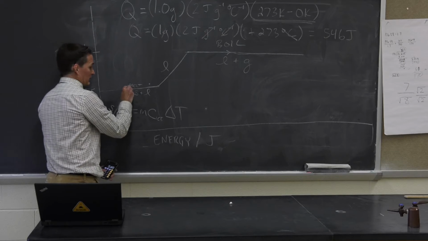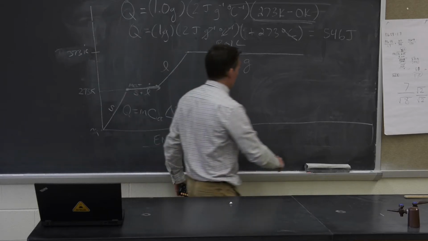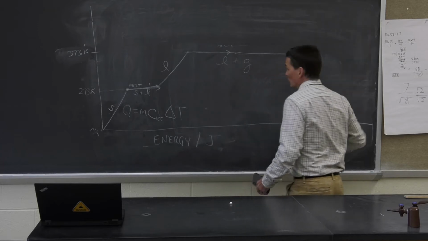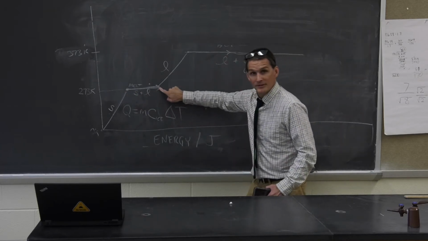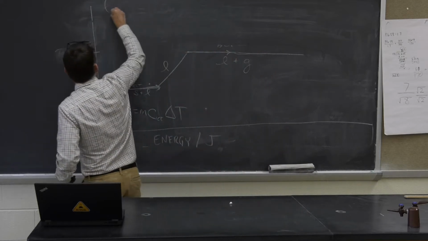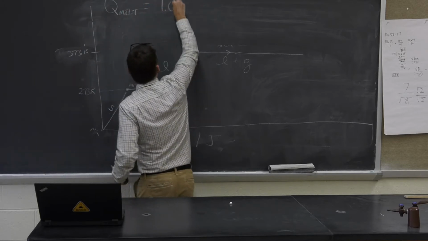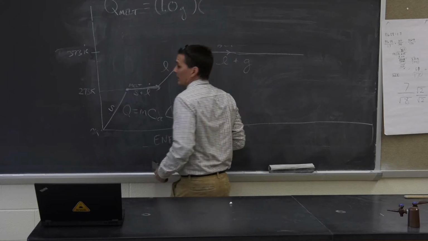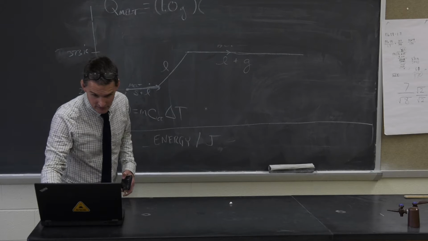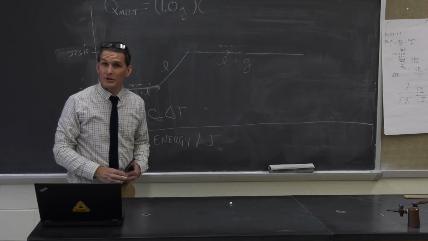Now we're going to calculate how much energy it takes to go through this step, the melting step. Well, that's going to be different. The reason why that's different is there's no change in temperature here, so I can't use Q equals mc delta T. What I'll do for this step, Q for the phase change, which is melting, I'm going to take the mass of water, which is 1 gram, and multiply that by the enthalpy change for the melting of water, which if I go back to slide number 16, is 333 joules per gram.